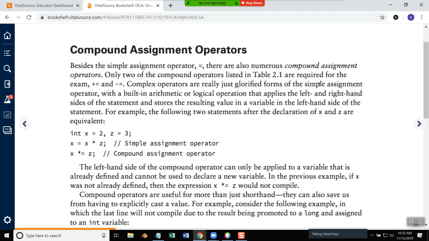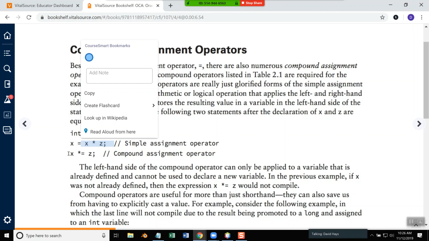They're just glorified forms of the simple assignment operator, with a built-in arithmetic or logic operation applied to the left and right hand sides of the statement. And you see this here, x equals x times z. And here we have x times equals z. That does the same thing.